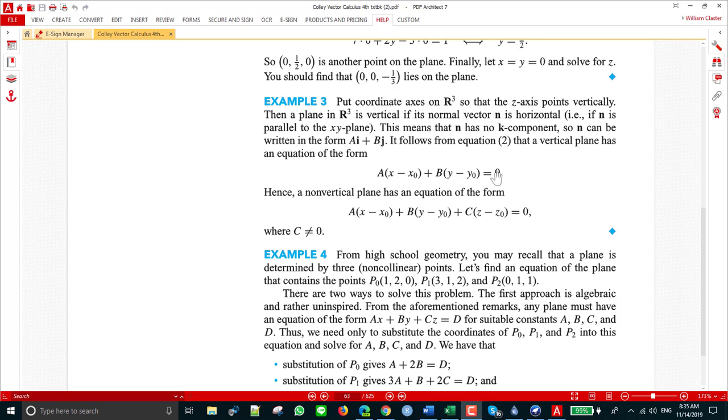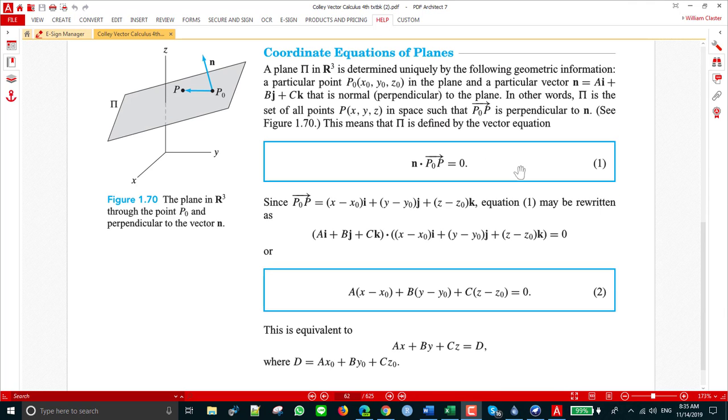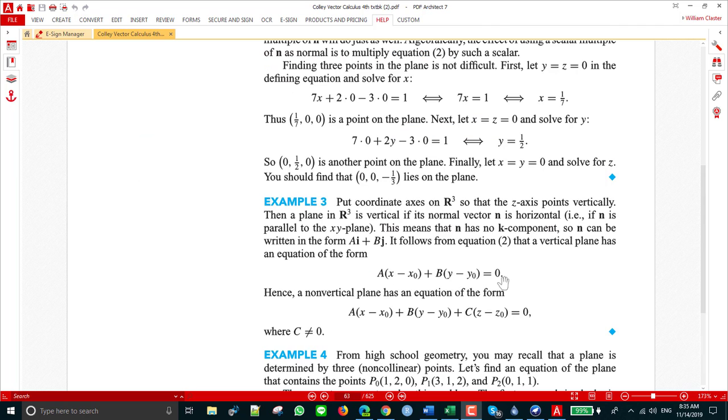But then from equation 2, the equation is going to be just a(x minus x0) plus b(y minus y0) equals 0, because only a and b are non-zero.